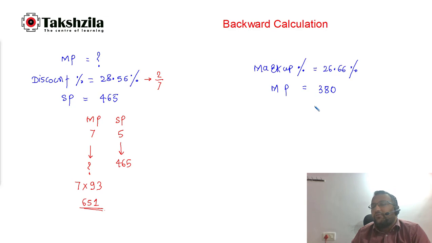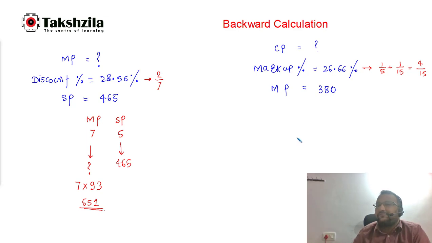So over here we need to find the cost price of that article. So first step is convert 26.66% into a fraction. What is the fraction equivalent over here? 20% is 1 by 5, 6.66 is 1 by 15. So this is going to be 4 by 15.